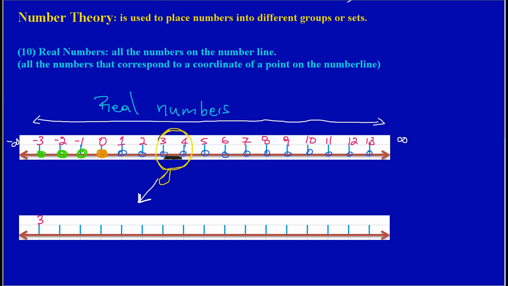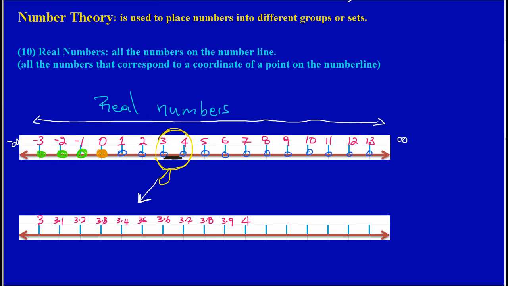Then when I move up another unit, I would have maybe a 3.1 there, then a 3.2, then a 3.3, then a 3.4, then a 3.5, then a 3.6, then a 3.7, then a 3.8, then a 3.9, and after 3.9, I would reach my 4.